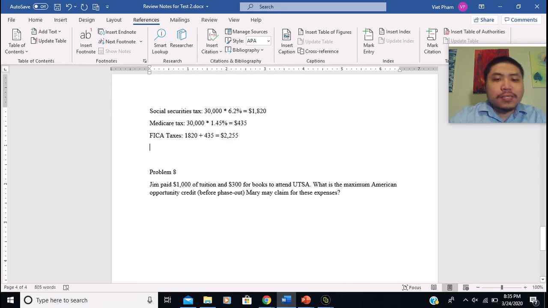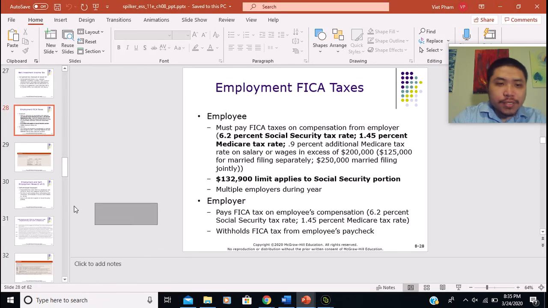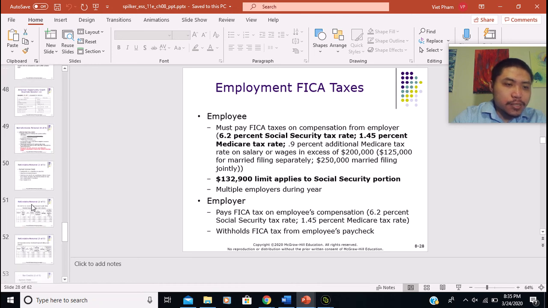Problem number 8. Jim paid $1,000 tuition and $300 for books to attend UTSA. What is the maximum American opportunity credit before phase out that Jim may claim for these expenses? Remember in chapter 8 we talked about this.